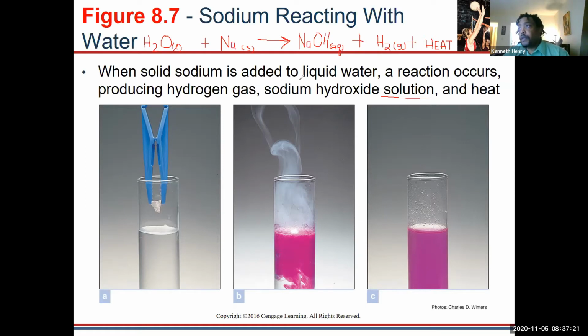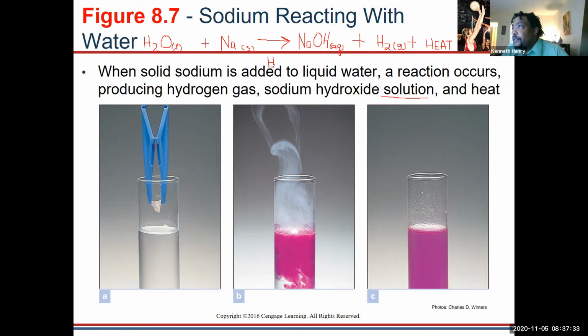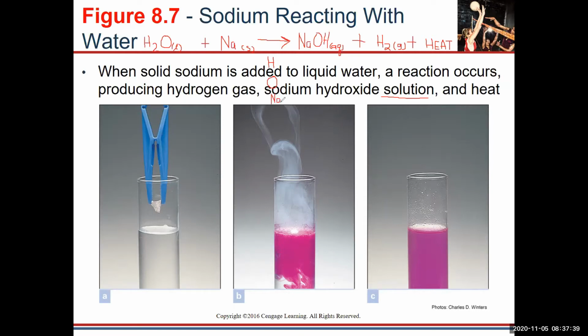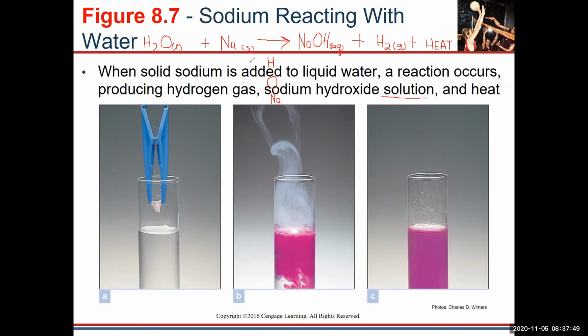So what are my elements that are going to be involved in this reaction? Hydrogen, oxygen, and sodium. So on my reactant side, how many hydrogens do I have? 2.